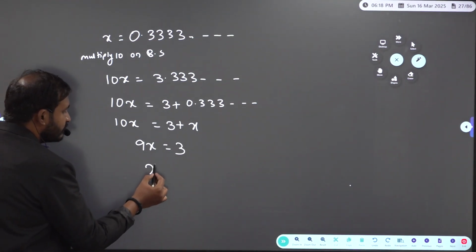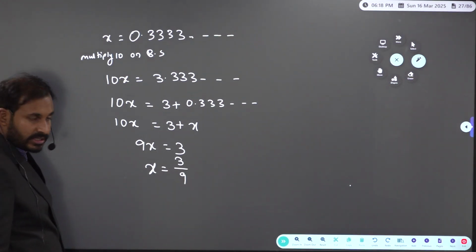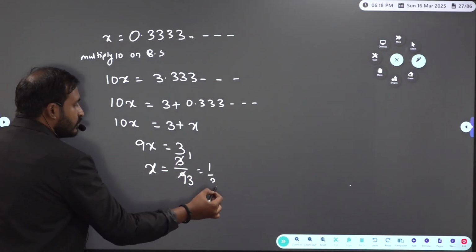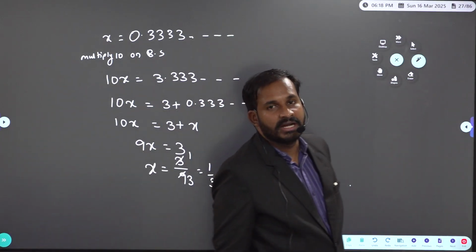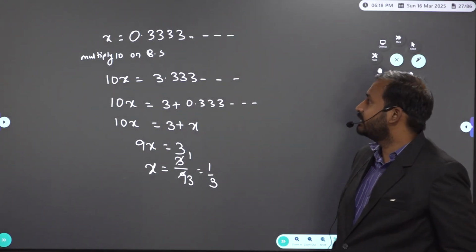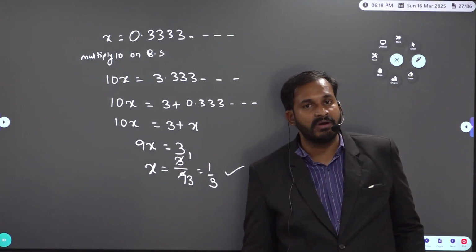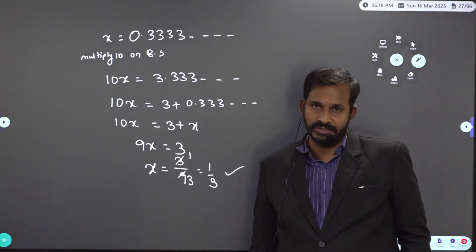Now what is my x value? x is equal to 3 by 9, which in turn becomes 1 by 3. That means repeating decimals are all rational numbers. So 0.3333 is a rational number, because I am able to write it in the form of p by q.